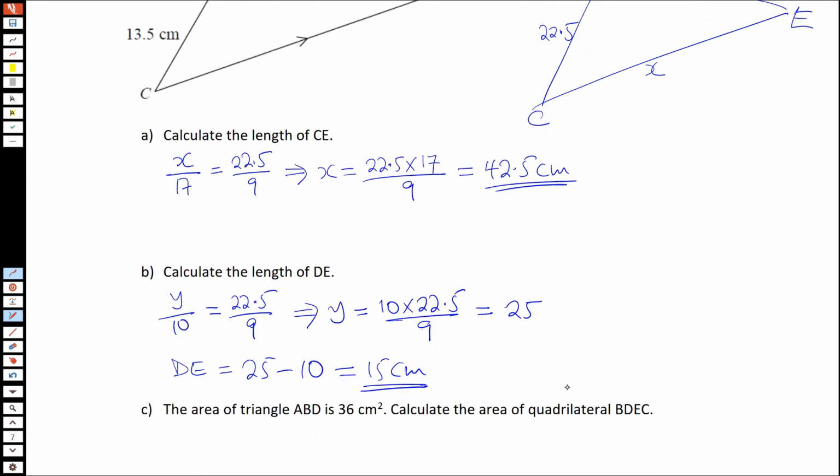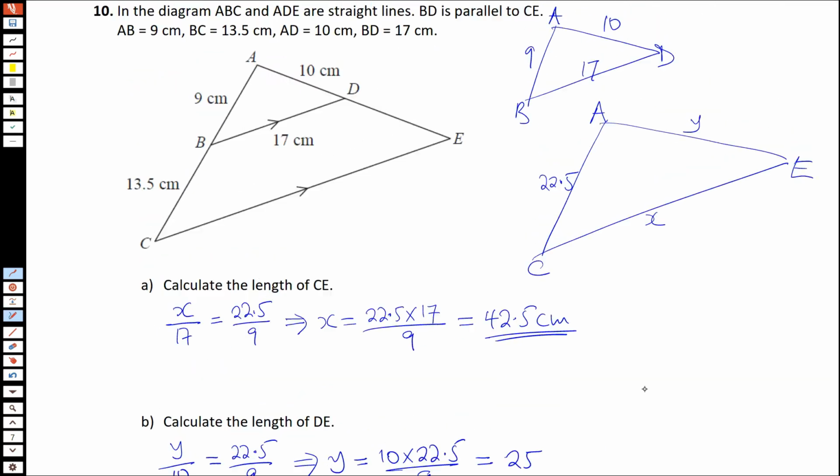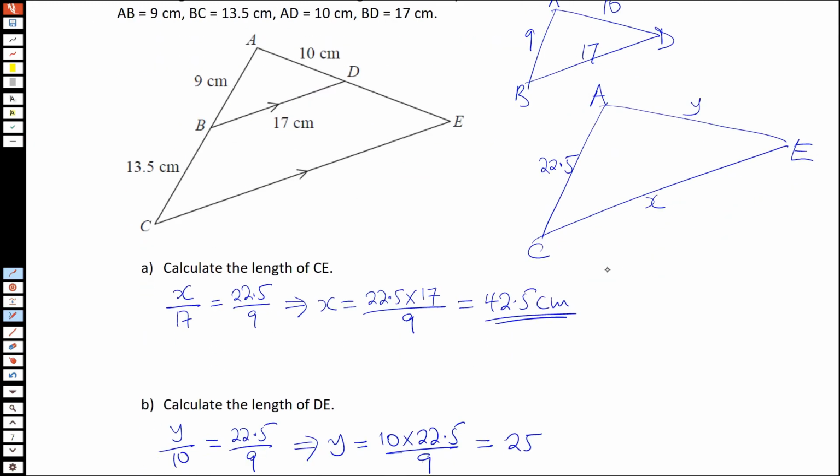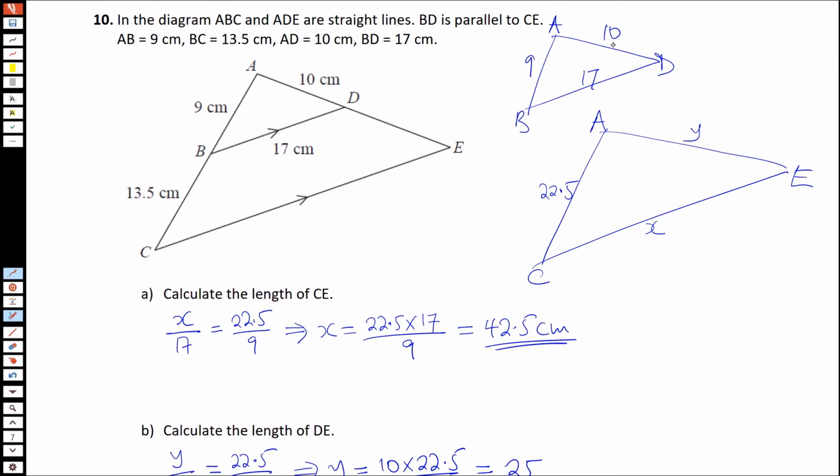All right, the next part, the area of triangle ABD is 36. So the area of this is 36.